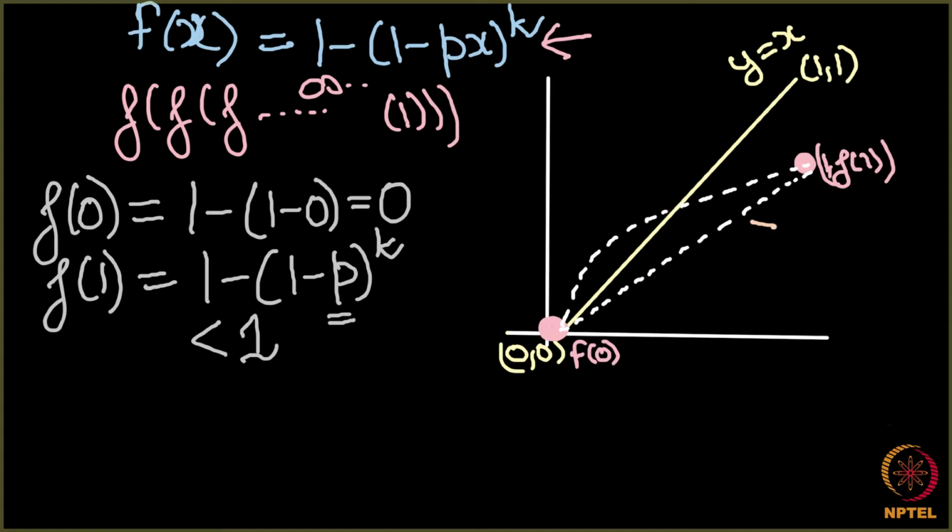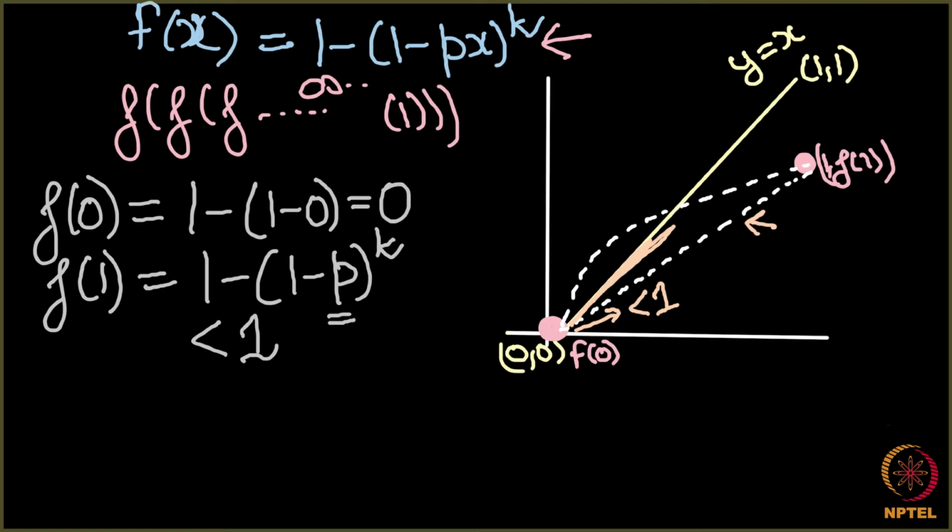When does this function go like this? When the slope of this function here is less than 1, because this line has slope equal to 1. If the slope is less than 1, then this function will go below the function y equals x.